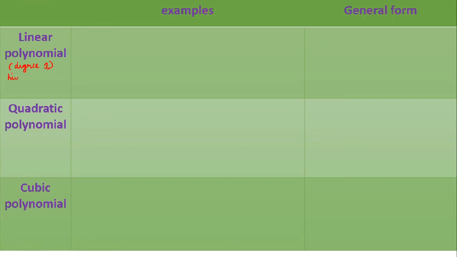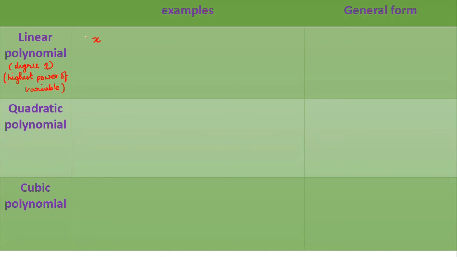Highest power of the variable is 1. Degree means highest power of the variable should be 1. Now write a linear polynomial.